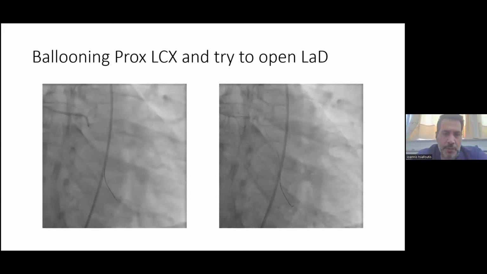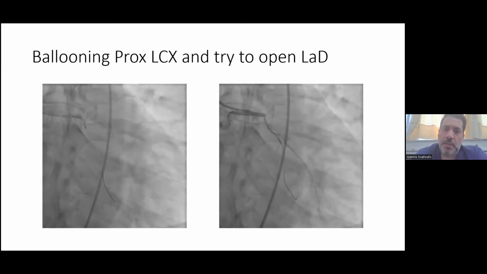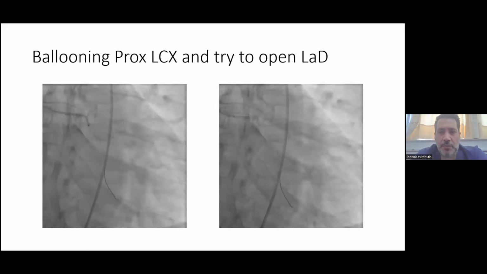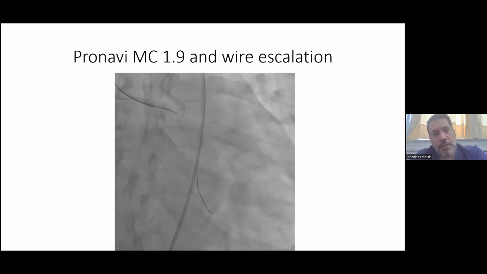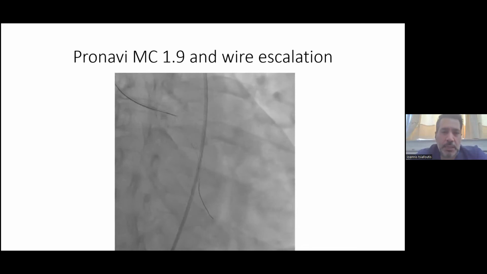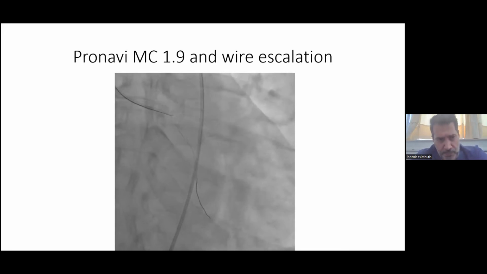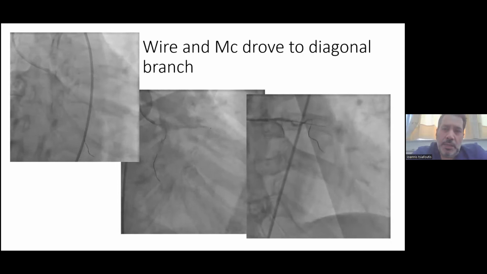First, we put the wire in the LCX and did ballooning in the ostium of the LCX, and after that, we tried to recanalize the LAD. We used the PRONAVI MC 1.9 and wire escalation, first with Gaia second. You see the wire went to the diagonal branch.